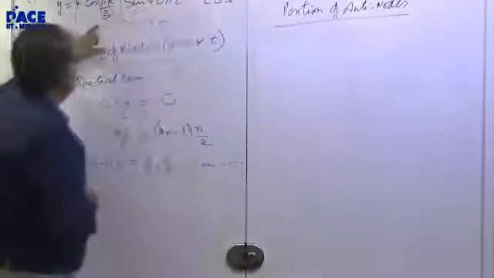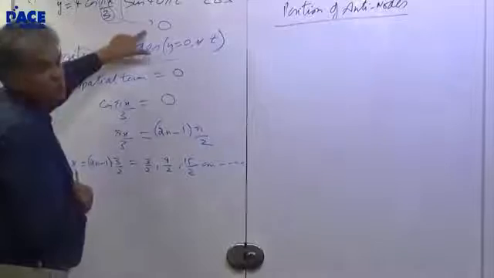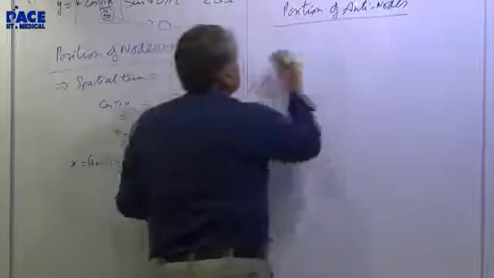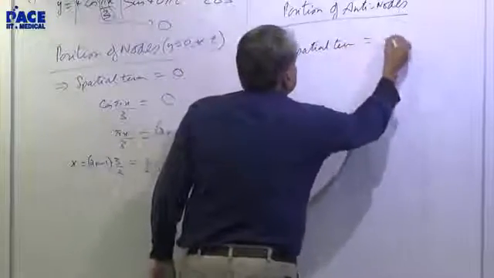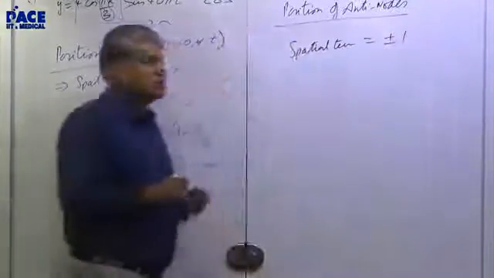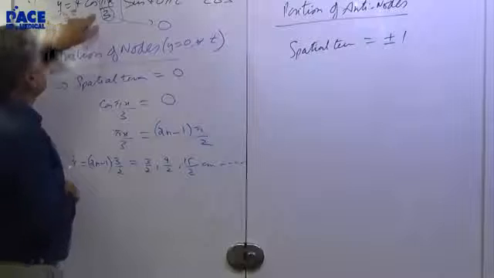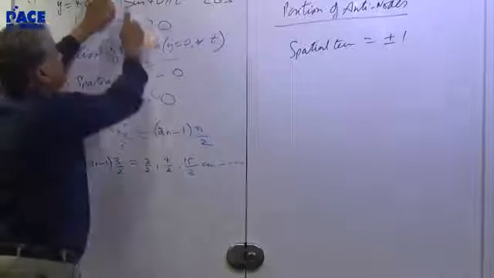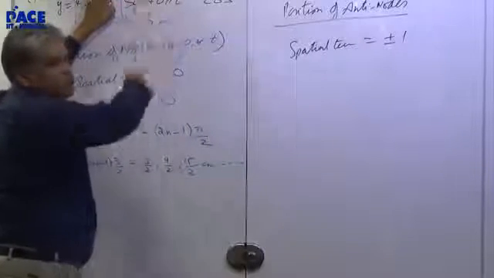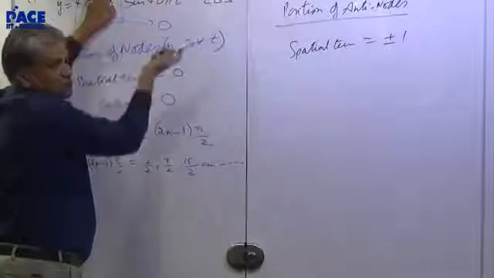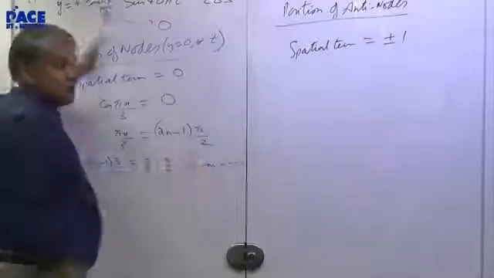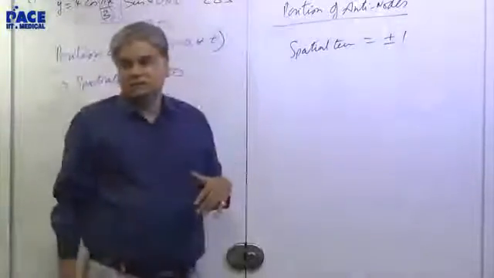So that will happen when the spatial term becomes plus or minus 1. Because if this is plus or minus 1, this value is plus or minus 4, and then sine can take different values, 1, 2, minus 1. So when it takes 1, it will become 4, when it takes minus 1, it will become minus 4. So the point which can jump the maximum, that is the antinode.